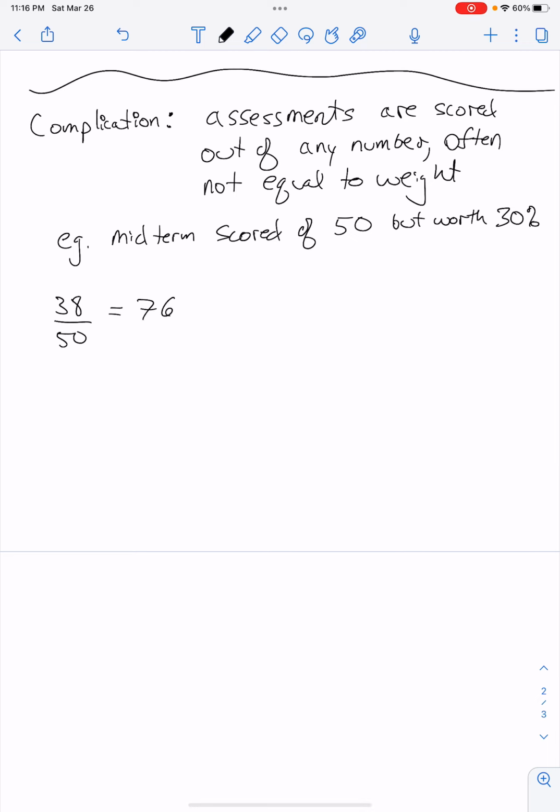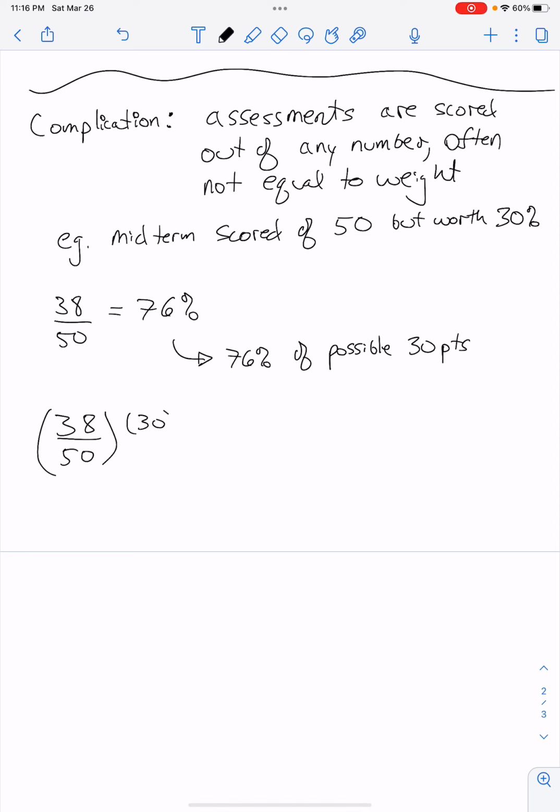That's 76%. And so you were able to get 76% of the potential 30, or of the possible 30 points. And so you have been able to acquire 38 out of 50 times 30 available points. And so you have got yourself 22.8 points.